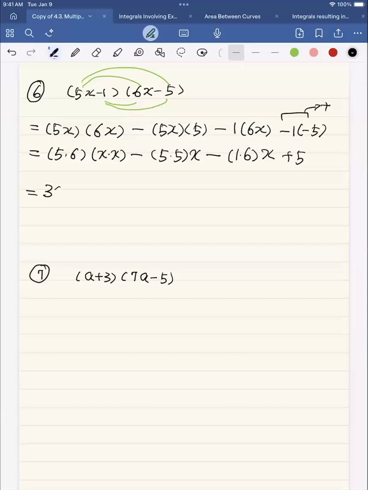So that's 30x squared minus 25x minus 6x plus 5. So that's 30x squared minus 31x plus 5.